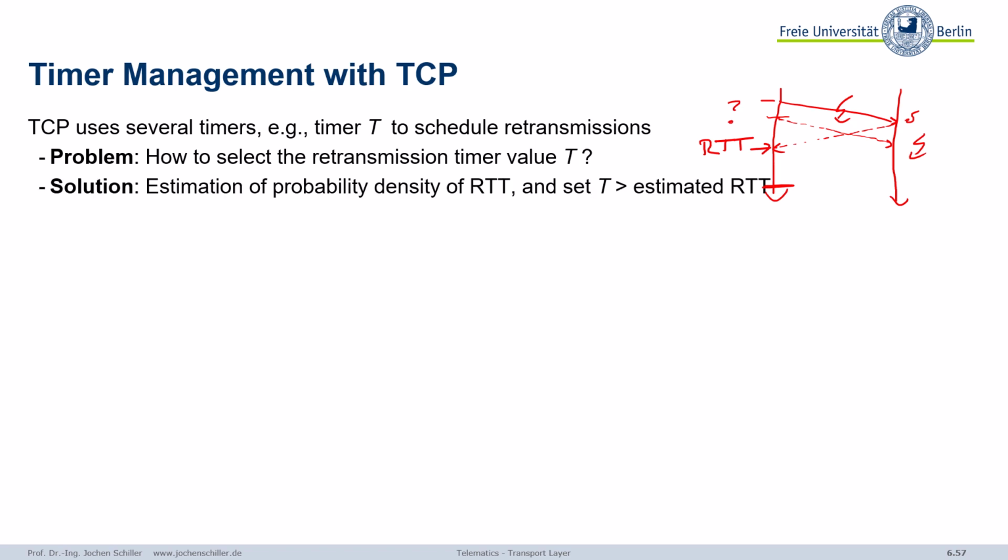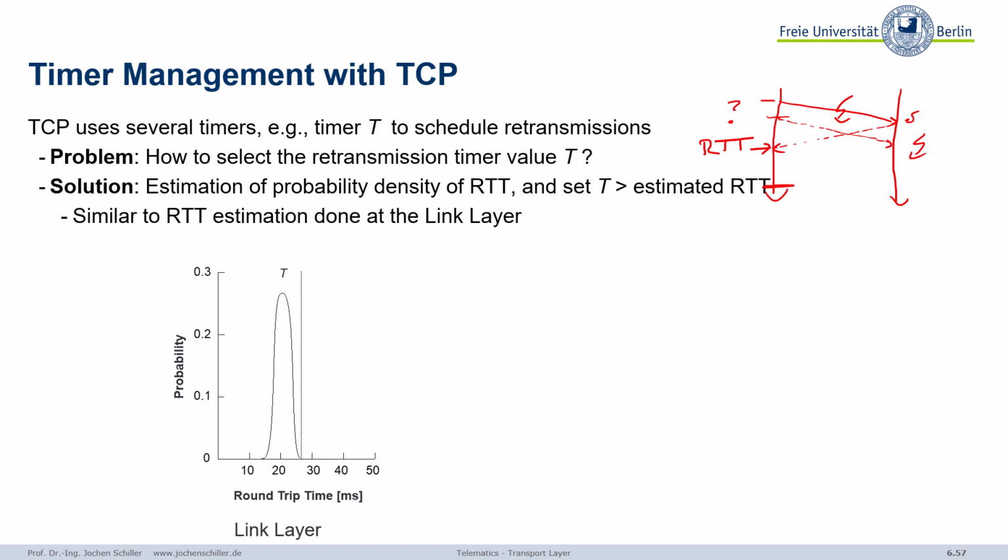Okay, but the problem is, that's nice, round trip time, but what is the round trip time and how do I actually find out the round trip time? So somehow we should estimate this. On the link layer, that's relatively simple. Why? Remember, link layer, we have a computer here, for example a host, we have a cable, and then we have a router. So the cable has a certain length, let's say 100 meters.